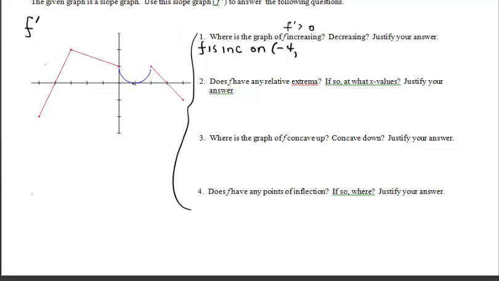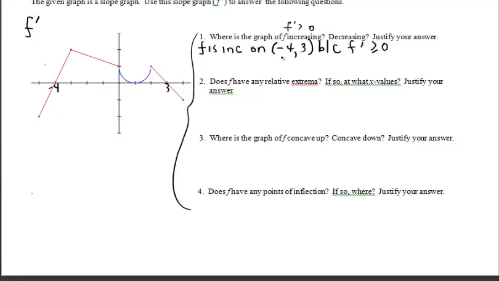So I'm going to extend over to 3. But we're going to be careful in our justification. So f is increasing from negative 4 to 3 because f prime is greater than 0. But remember, at one point right here, it was also equal to 0. So we'll fix that quickly and put greater than or equal to 0.